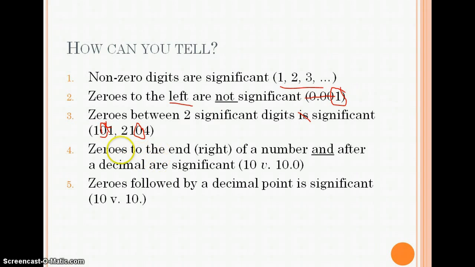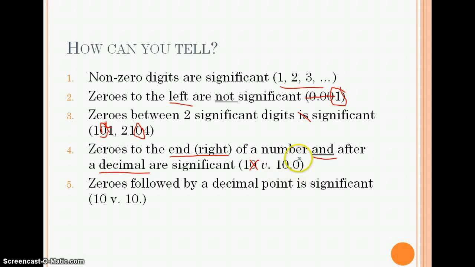Rule number 4, really quickly: zeros to the end or the right of a number and, very important, after a decimal are significant. So let's look at this case. Here, 10, this 0 is not significant. It's just there at the end.